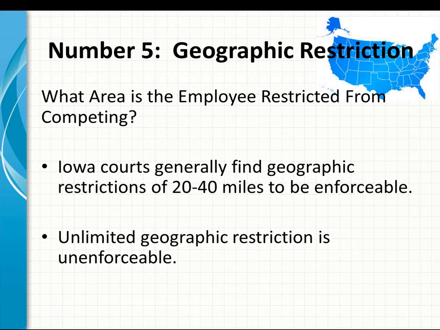In that case, the court would likely uphold a 3-county geographic restriction, even though it covers more than the 40 miles that I mentioned previously, and that's because that is where the employee's customers are located. Again, a statewide geographic restriction would be okay if your customers were located throughout the state of Iowa.